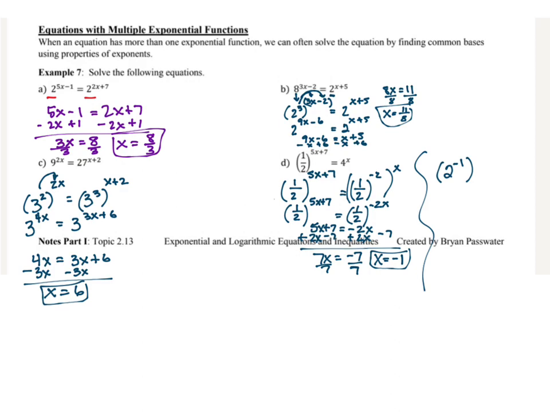So 2 to the negative 1 to the 5x plus 7 is equal to, how would I write 4 in base 2? 2 squared. I'm writing 4 as base 2. 2 squared is 4. Y'all see that? So now it's negative 5x minus 7 equal to 2x. It's yuck either way, but I kind of like the way I did it the second time.